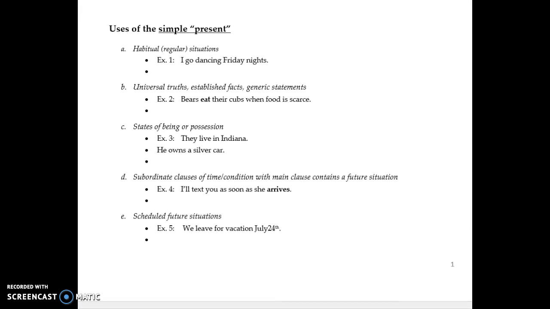And that's what I meant when I said the form might be simple, but the uses are complicated because we use the simple present in lots of different ways. The first one is just for habitual situations, something that you might do all the time, like I drive to work, things like that. We also use simple presents for just established facts and generic statements, states of being and possession.